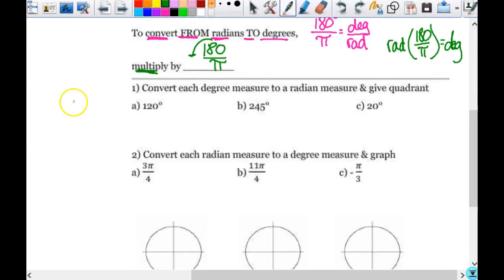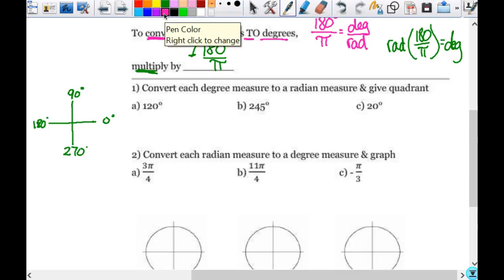Okay. So you're just going to draw a little x and y axis. This is 0 degrees. This is 90. This is 180. And this is 270. And I know that's not a whole lot of space to do this, but it's okay. It doesn't have to be the best picture in the world either. Then everything else we do will be kind of within this. So you can draw a circle.